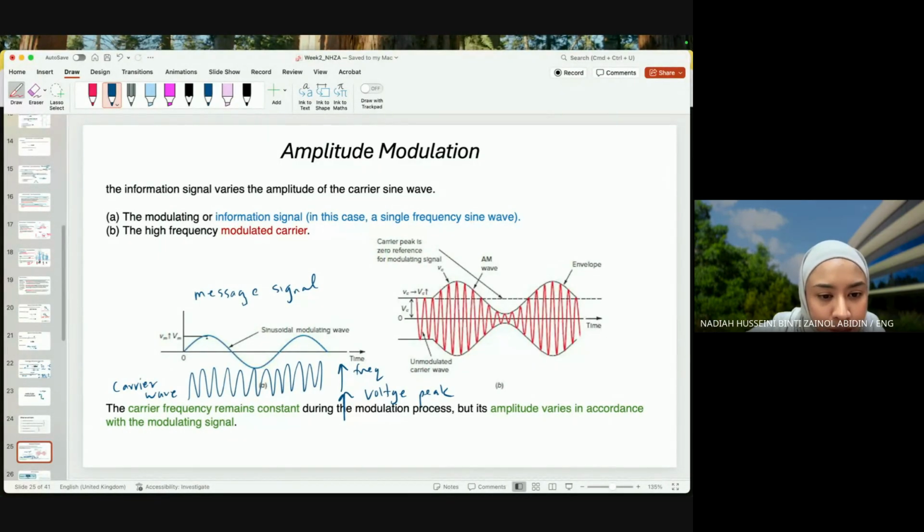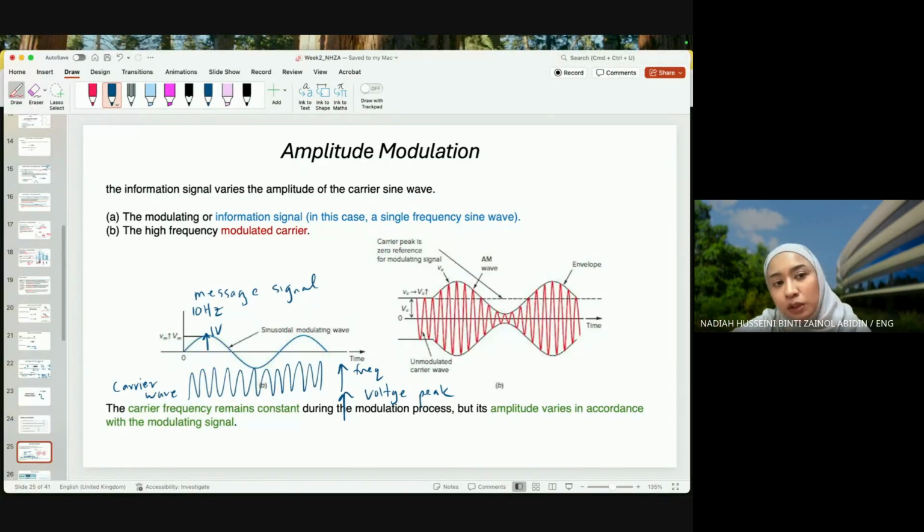For example, if your message wave is 1 volt in peak, your carrier wave needs to be more than 1 volt. If your message signal has a frequency of 10 Hz, your carrier wave needs to be more than 10 Hz. So that is the condition for amplitude modulation. The message signal has to have lower amplitude and lower frequency than the carrier wave.